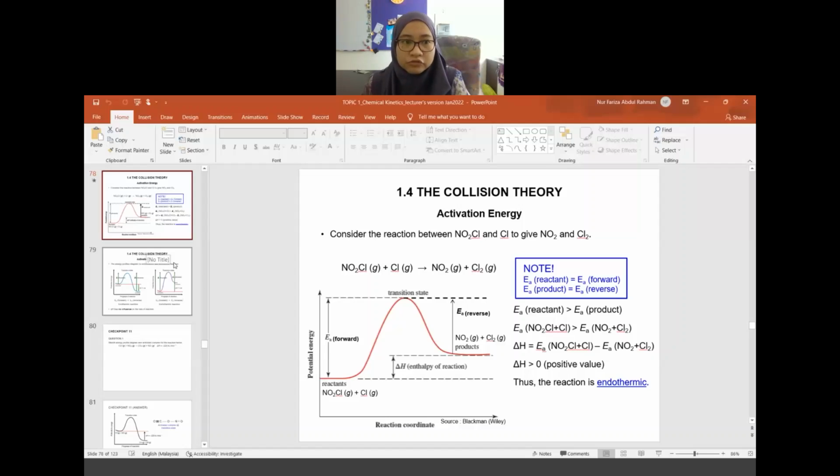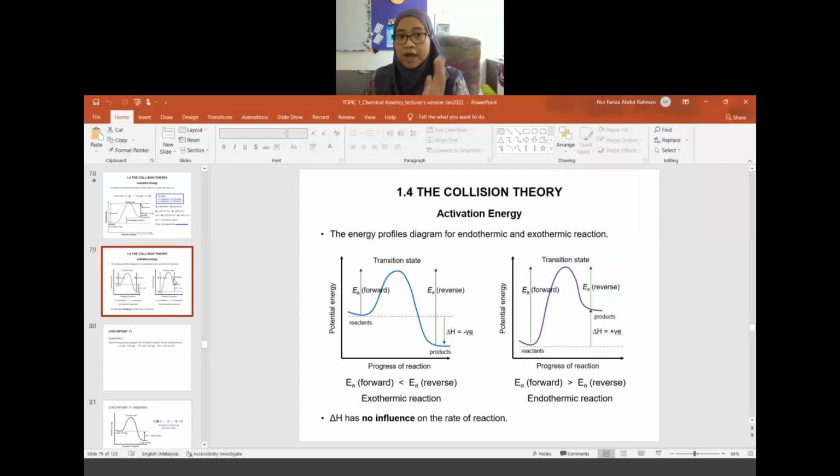There are two factors that you should know for an effective collision to take place: the first one is the proper orientation, and secondly, in terms of the energy, the minimum energy required to overcome the activation energy. You also have learned how to draw an energy profile diagram for an endothermic and exothermic reaction, and how you should represent the EA, the activation energy.